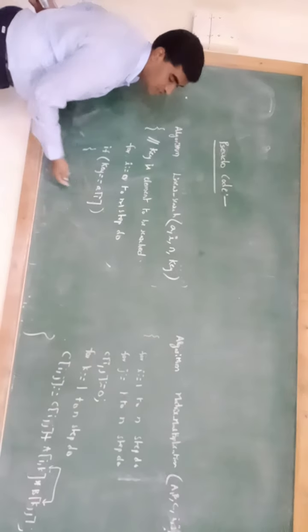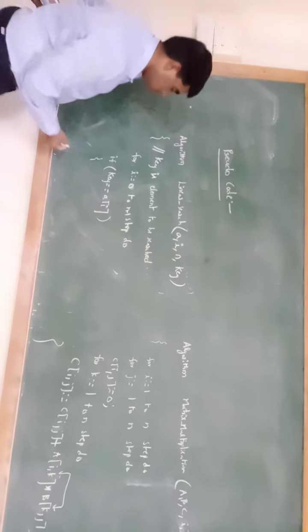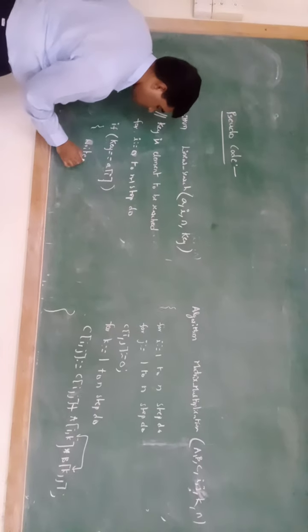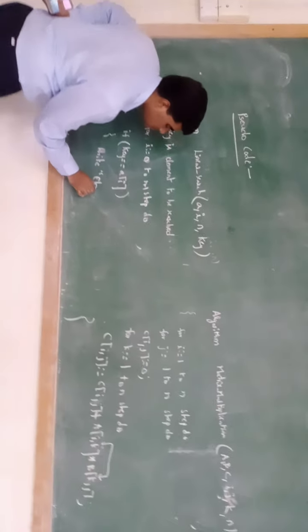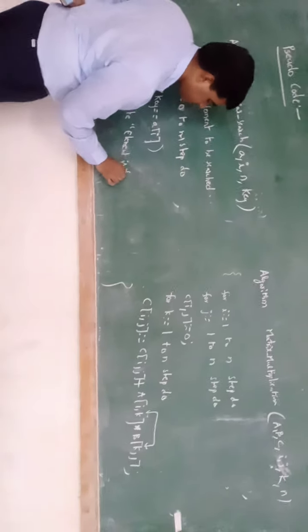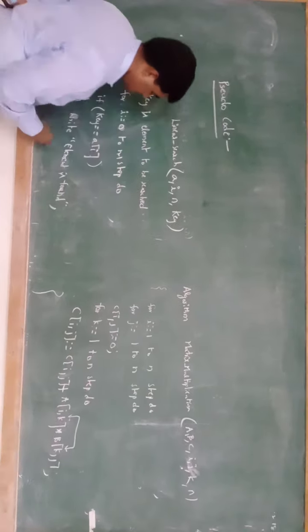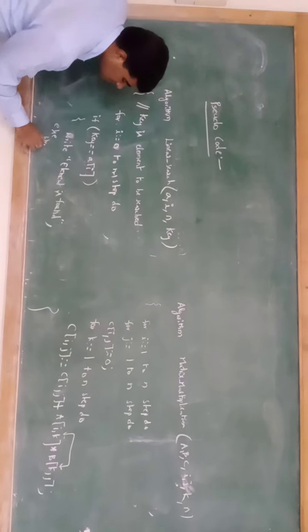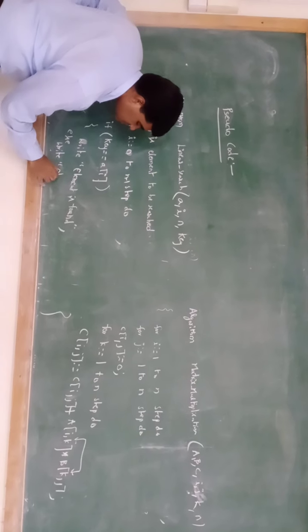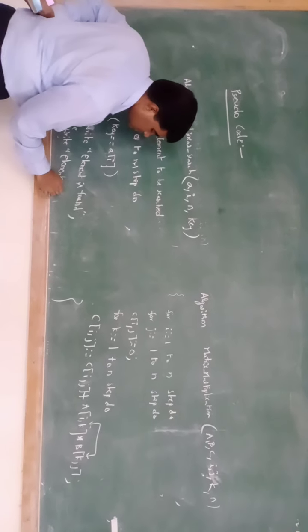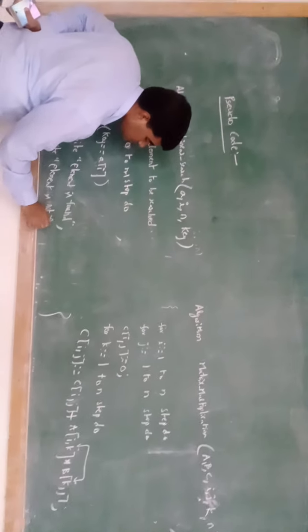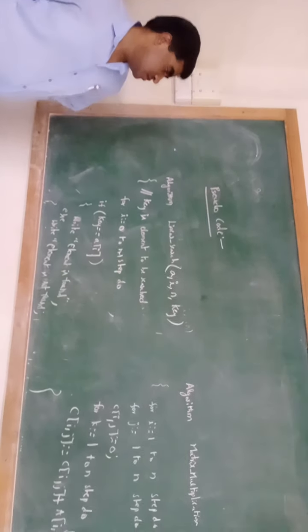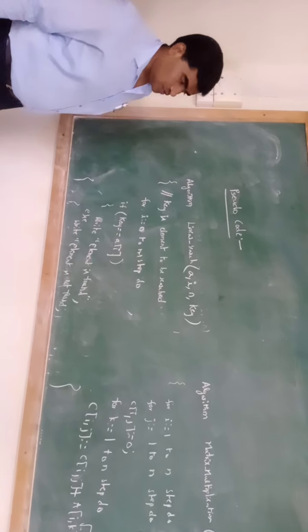If it is equivalent, then what do we have to do? Write "element is found." One by one we are cross checking, and if found, write "element is found"; else write "element is not found." Like this we are writing the pseudocode algorithm.